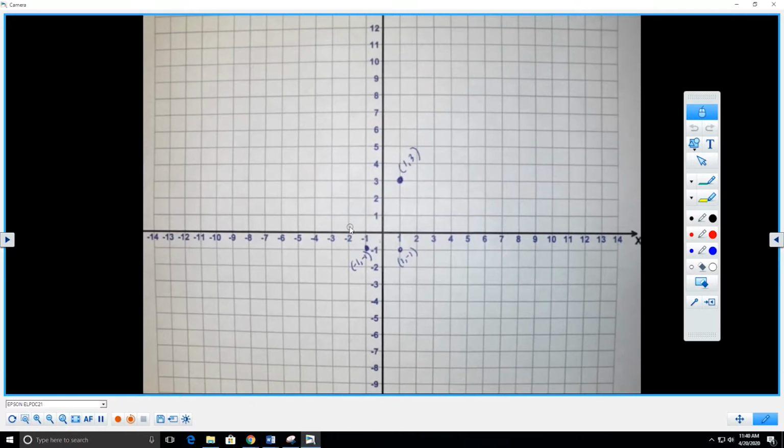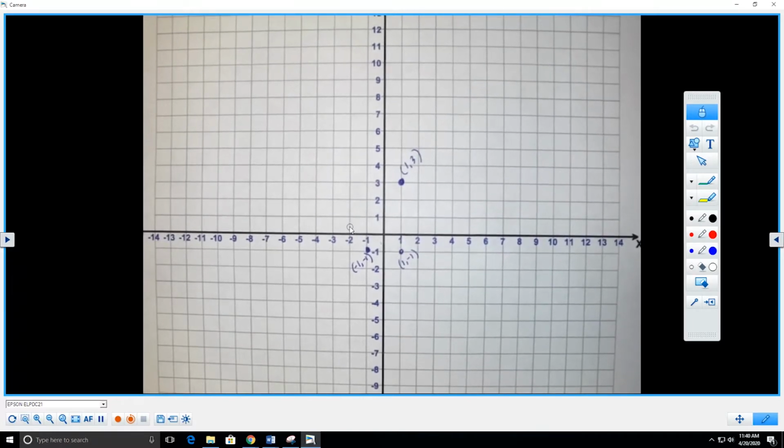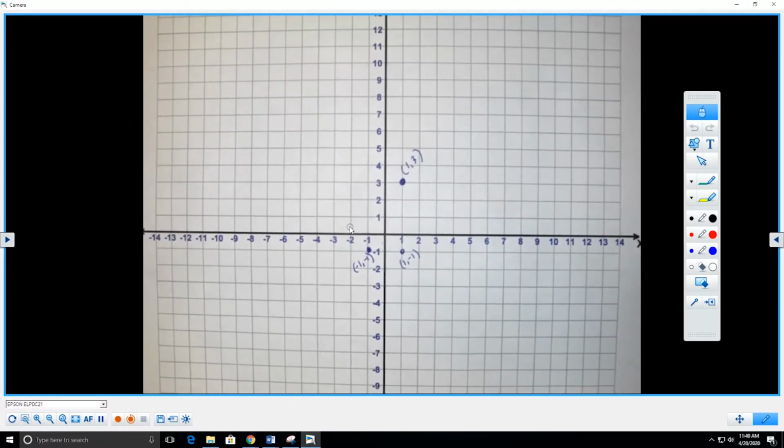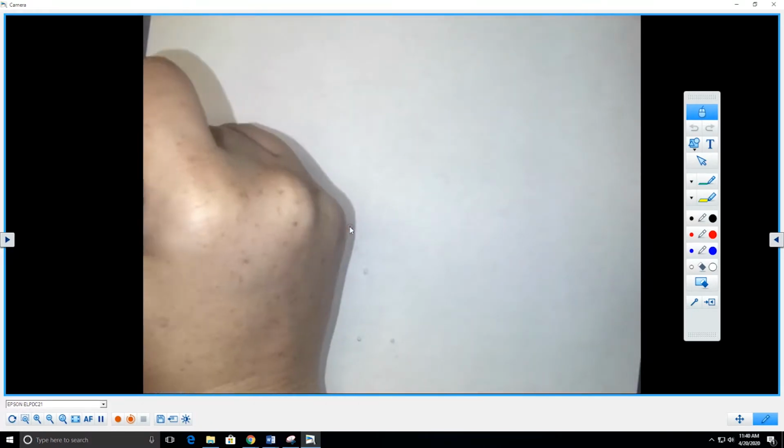But here are a few things that I want you to remember. Write these down with me. And I'm going to actually write this down on the back of this paper. So go ahead and write down these key points with me.